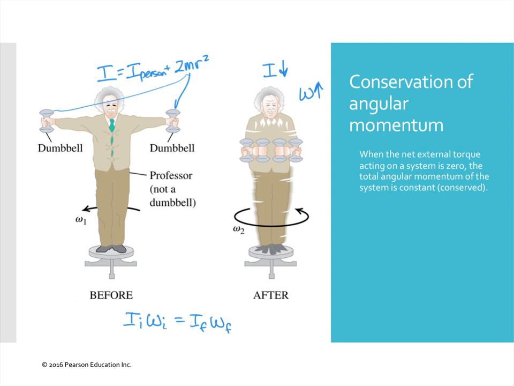And so in this case, I final was less than I initial, so that, because the product of these two has to be constant, that means that omega final has to be bigger than omega initial.